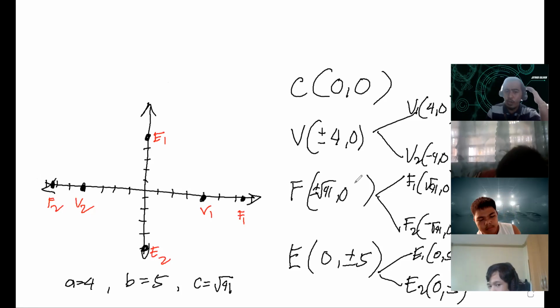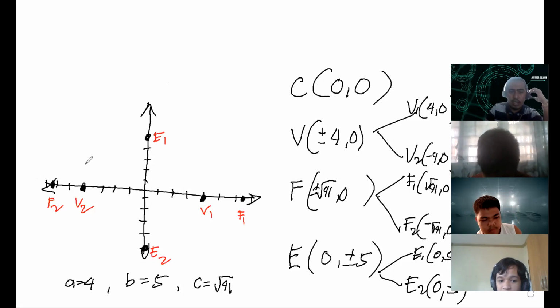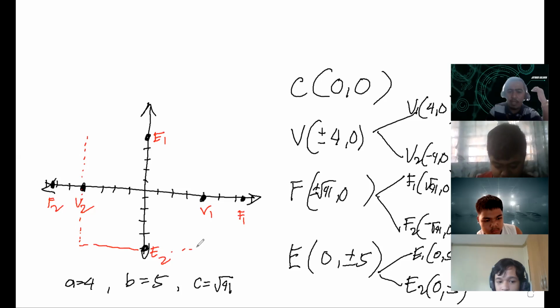What do we do to determine the lines of asymptote? Draw an imaginary rectangle. Yes, an imaginary rectangle that passes through your vertices and extremities. So it will look like this, right?